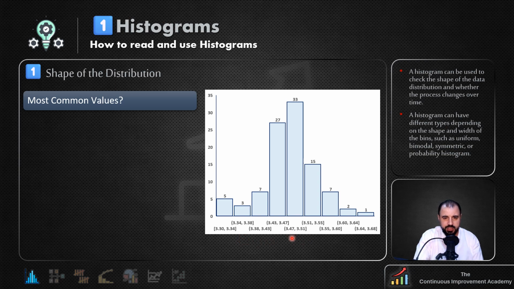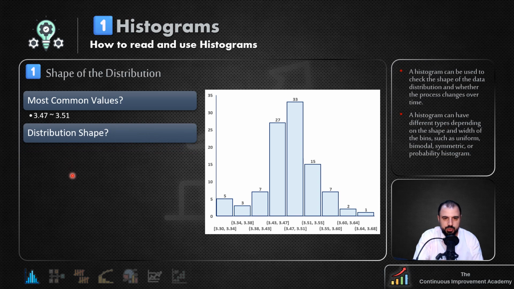Looking at this histogram, the top is from 3.47 until 3.51, and then the next most common is 3.43 until 3.47, which is third in ranking in terms of commonality. So the most common value is 3.47 to 3.51.